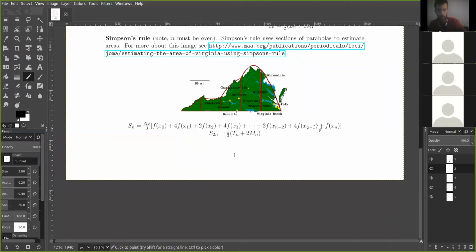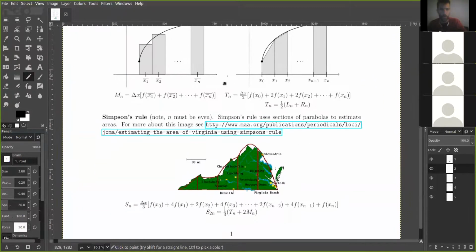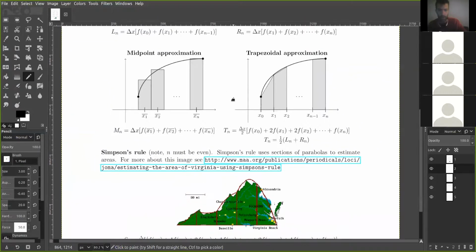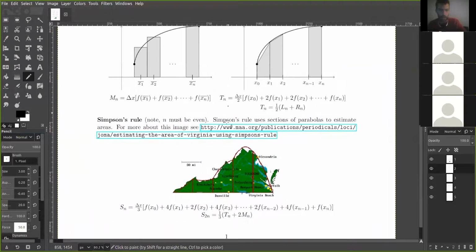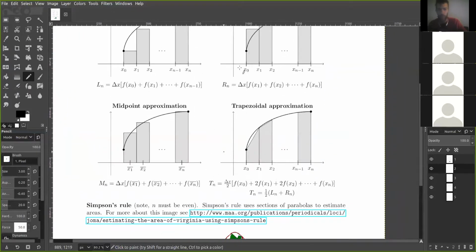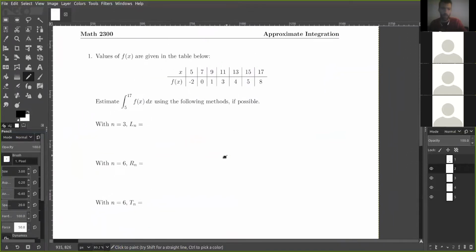So if you're familiar with these formulas and comfortable with plugging in formulas, that's all you really need to know. I don't even know if Simpson's rule would ever be asked on a midterm because it's really complicated. It's hard to teach. We're not going to be able to derive it. The midpoint and trapezoid rules are the ones you want to pay attention to.